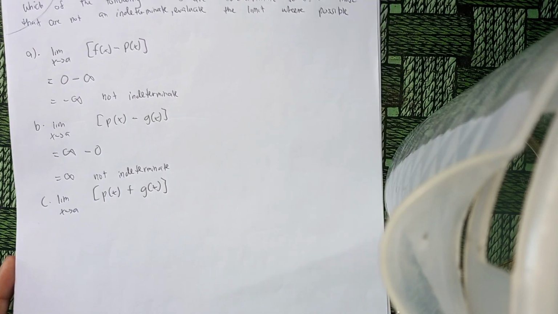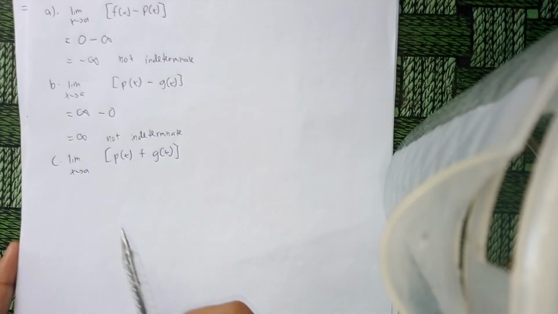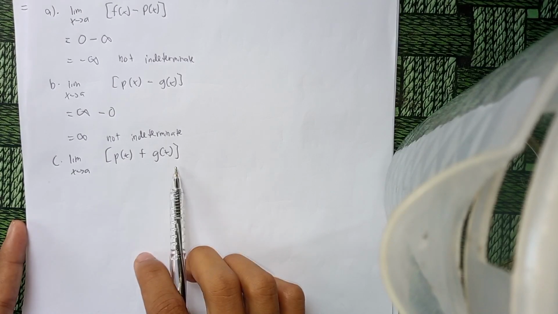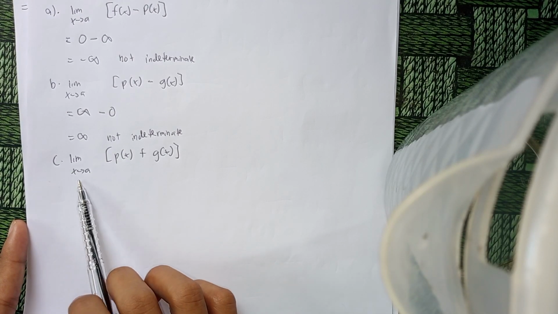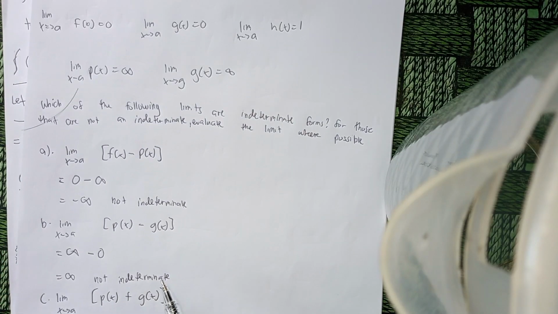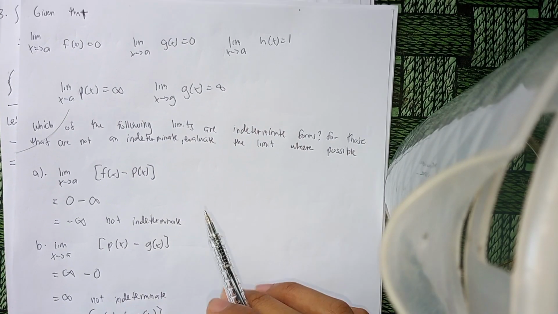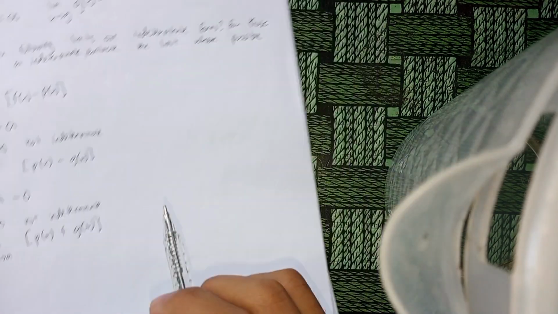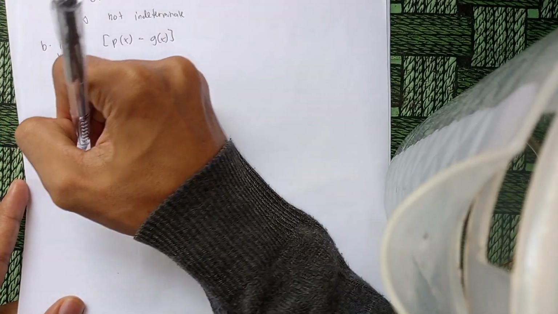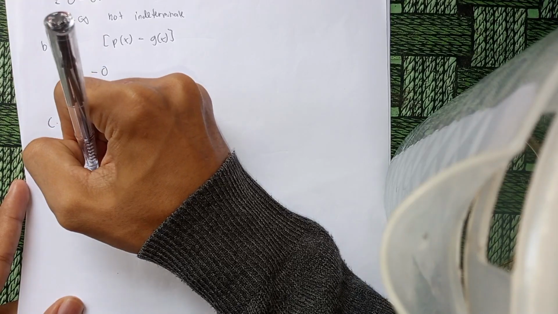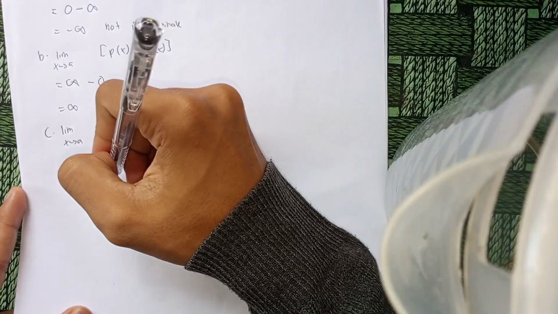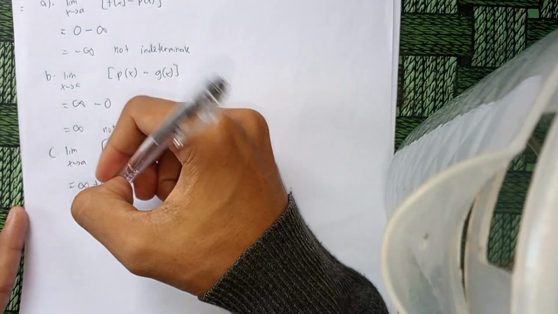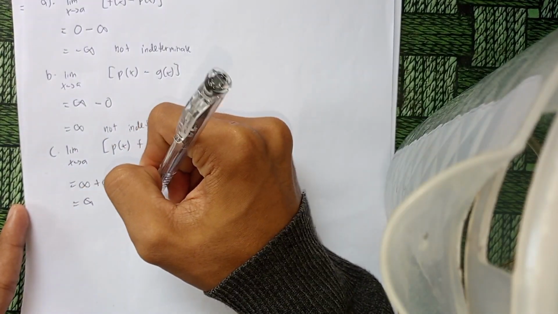Then let us proceed to letter C. Letter C is the limit of p of x plus g of x as x approaches a. So as x approaches a, infinity and 0 again. As you can see, infinity plus 0 is infinity. So this is not an indeterminate form.